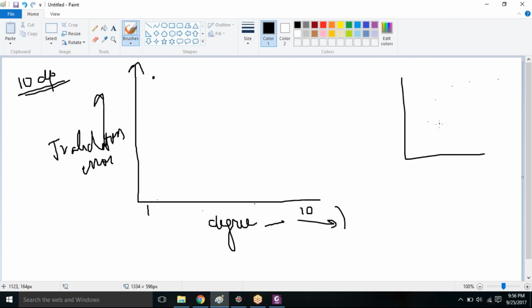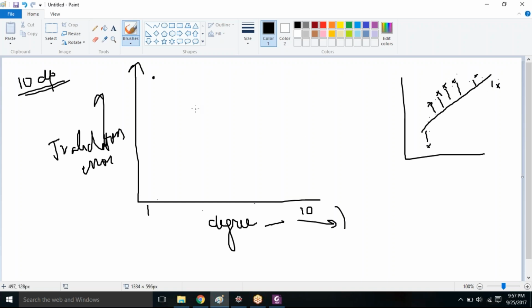Suppose your training data points were like this, and you fitted a line with degree 1. On the validation set, the 10 points which were in the same pattern but not included in the training, the error will be very high, isn't it?